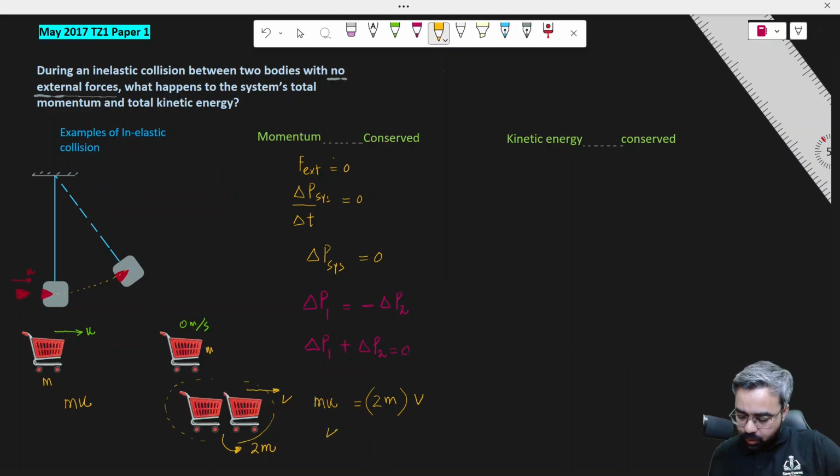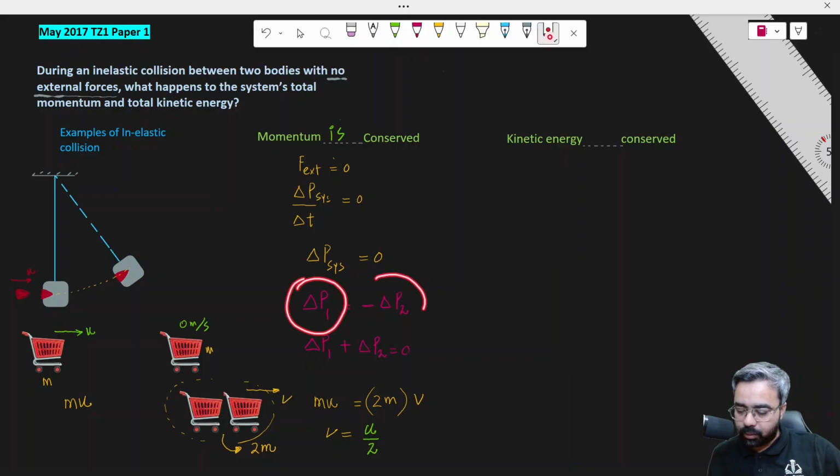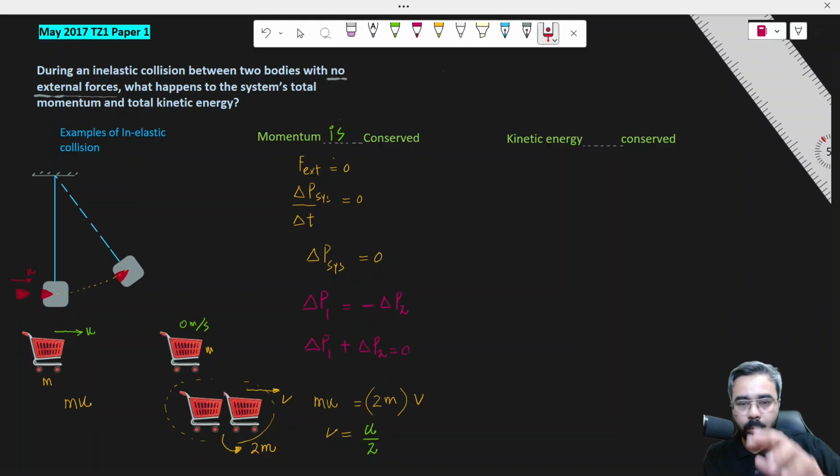So what is the common velocity that we get from here? Obviously we conclude that the momentum is conserved, and that's why we are able to find the common velocity, which is equal to u over 2. And if you wonder why I have written that both changes of momentum are equal in opposite direction, it is just because of Newton's third law, which says that the same force will be applied on both of them, but in opposite direction.